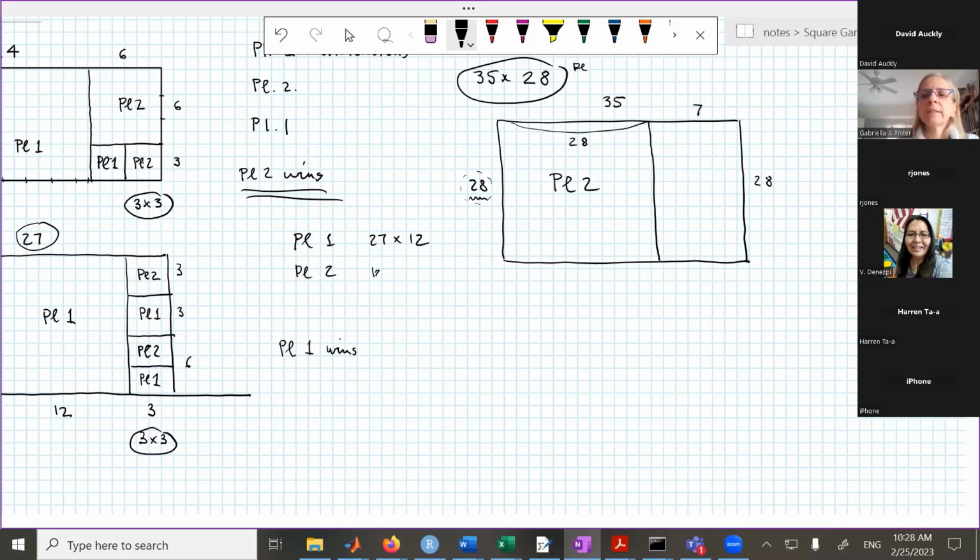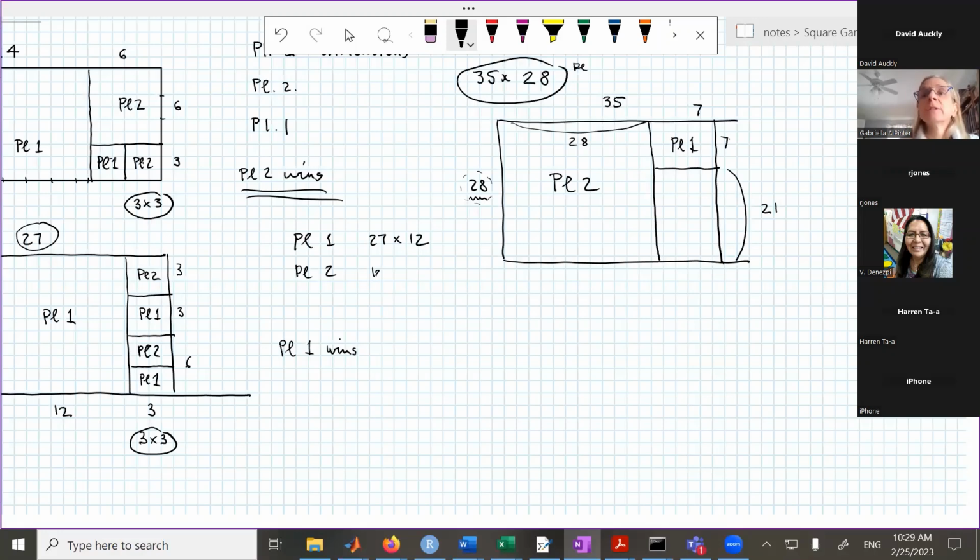So player 1 draws a 7 by 7, right? And maybe it does not look that nice, but you can sort of see. So it is a 7 by 7 for player 1. Now, what's left here? We got 7 off 28, so 21 by 7.